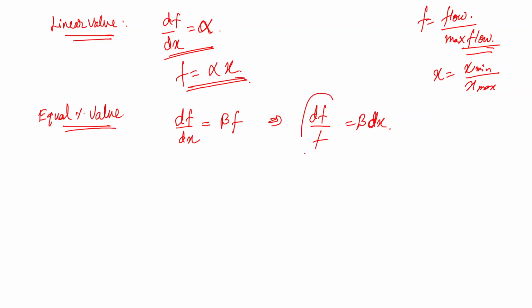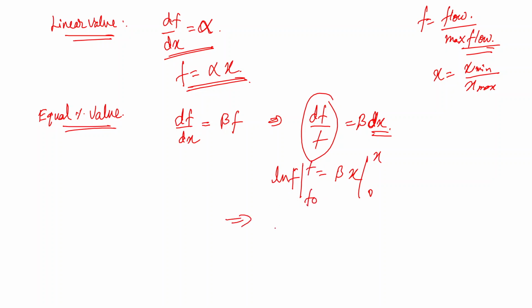That is, the percentage change in f is equal to the change in the stem position, that is dx. That is why we say equal percentage valve. Now if I integrate this equation, I will get ln f is equal to beta x. Let's say x will vary from 0 to x, and at x equal to 0 the flow is f naught, and at x we have the flow as f.